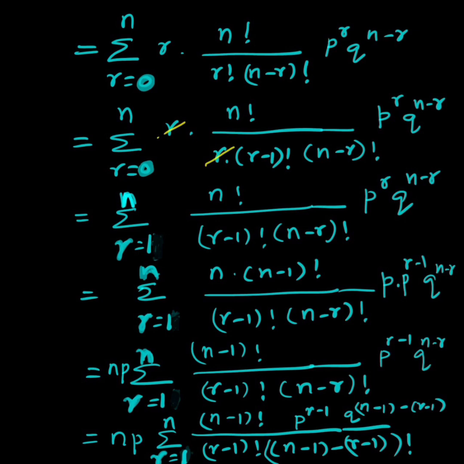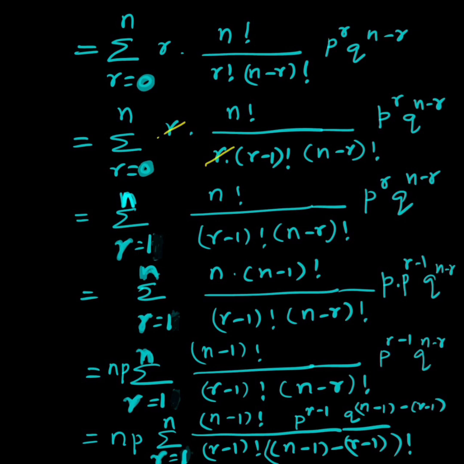In this summation, we have r in the numerator and r factorial in the denominator. That r factorial can be written as r into (r minus 1) factorial, and the r in the numerator and denominator we can cancel.